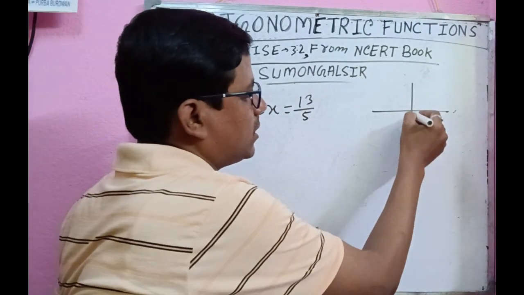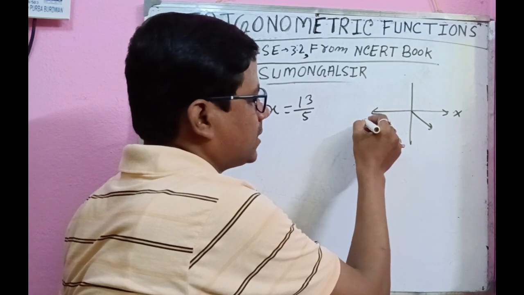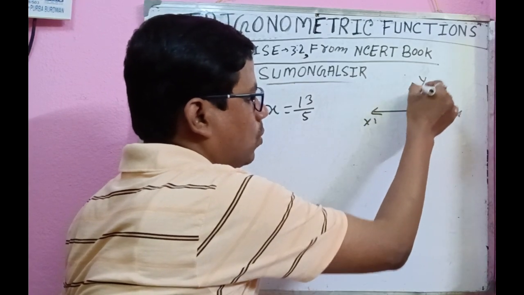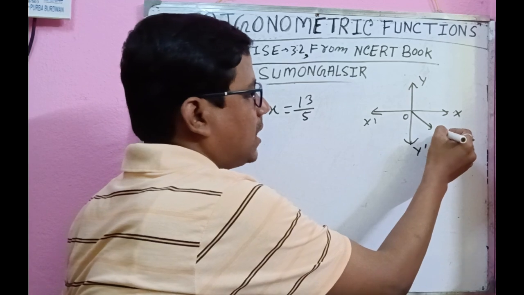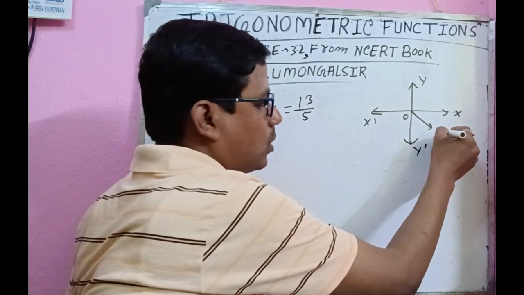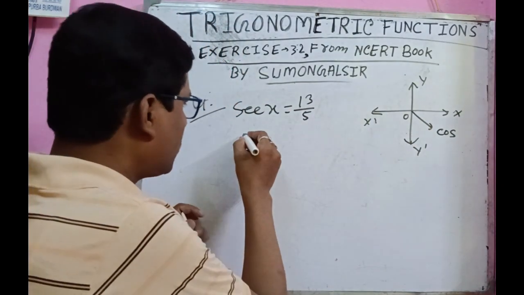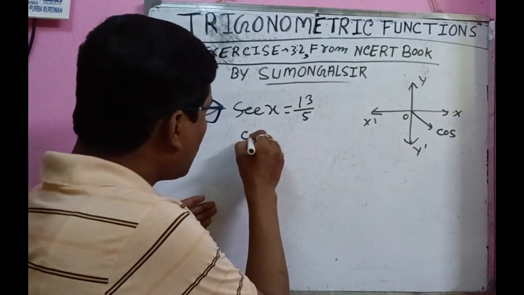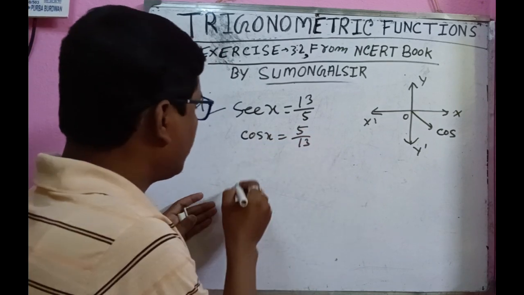In the fourth quadrant, we are discussing X'OX and YOY'. Now, this is the quadrant of cos as well as sec. So from here, cos x will be 5 by 13.